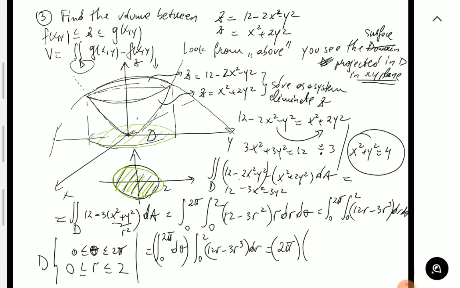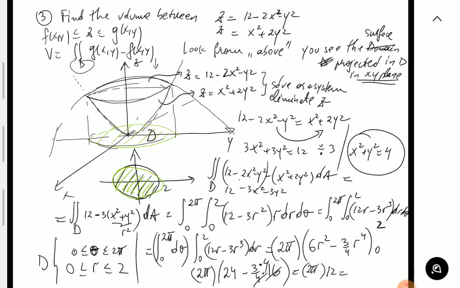And then the antiderivative in r is 6r squared minus 3 over 4 r to the 4, between 0 and 2. So 2 pi, we plug in 2, that makes it 6 times 4, that's 24, minus 3 over 4 times 2 to the 4, which is 16, and minus 0. It's 24 minus 12, which is 12, and then the final answer is 24 pi.